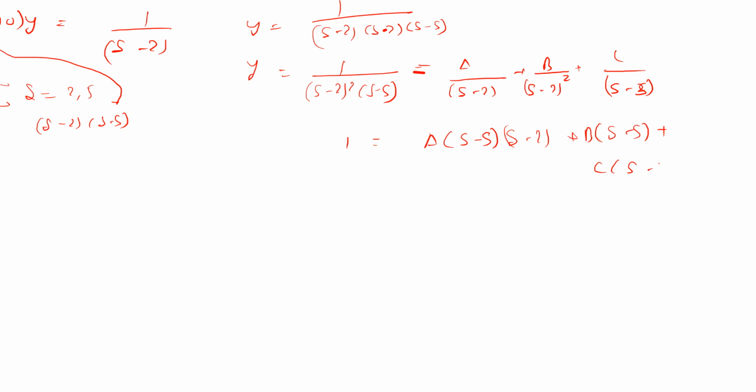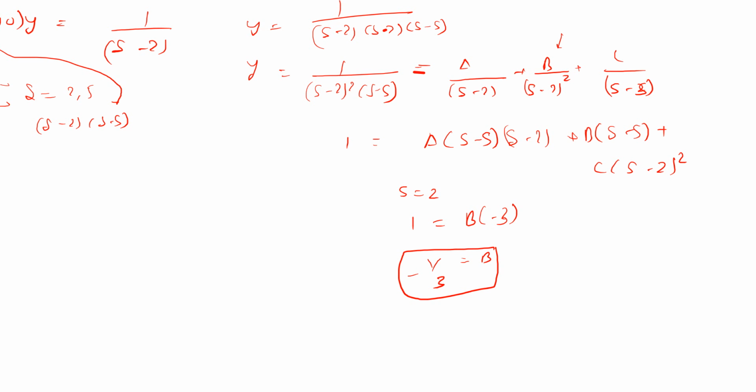So if we put the value s equal to 2, what we will get here: the a part is 0 and the c part is 0, only the b part is remaining. So that's why we can write here b times minus 3 equal to 1. It means b equals minus 1 over 3, and we replace this part here, minus 1 over 3.